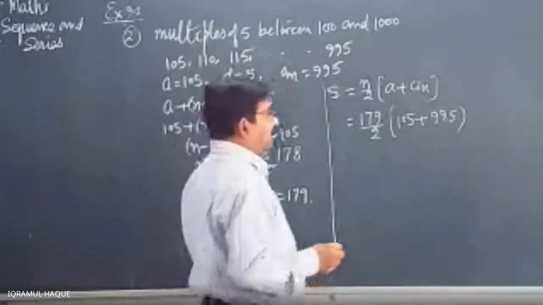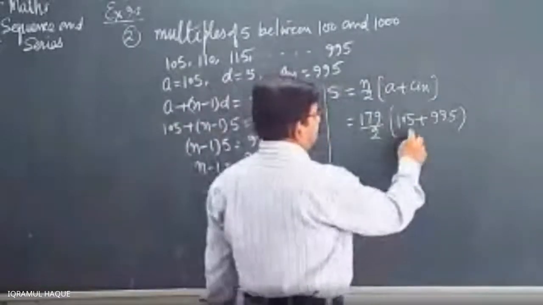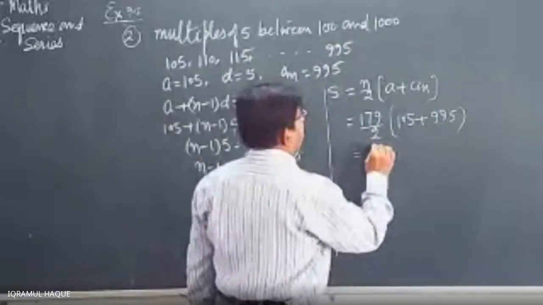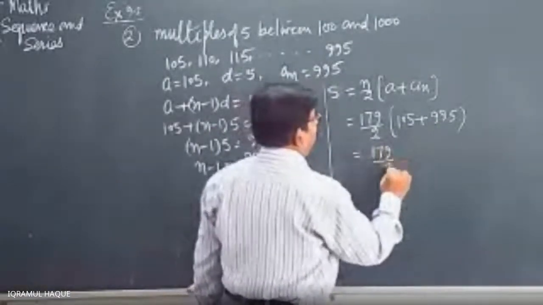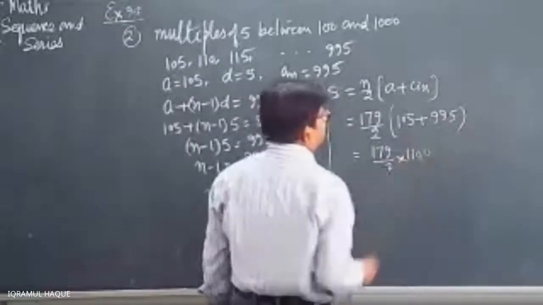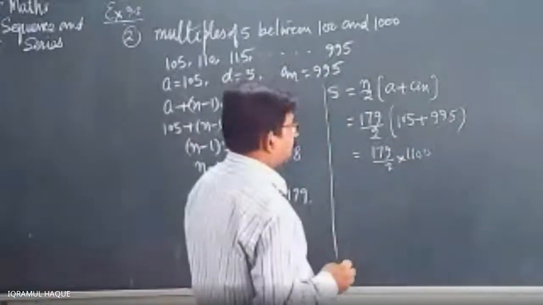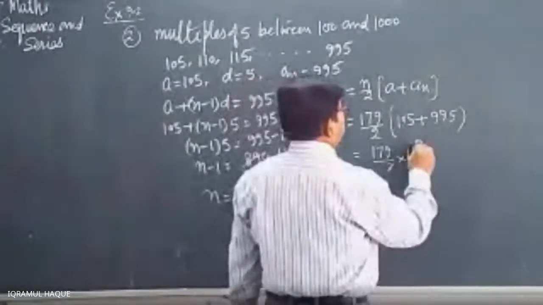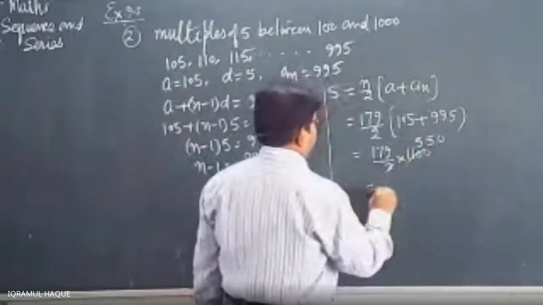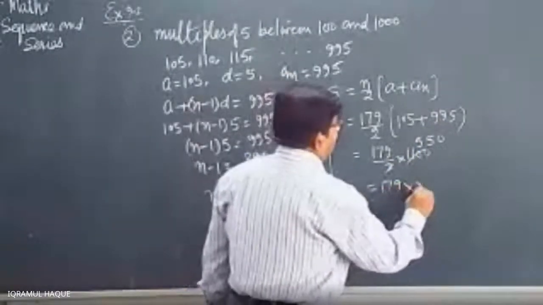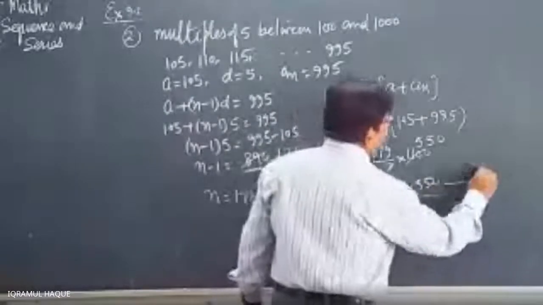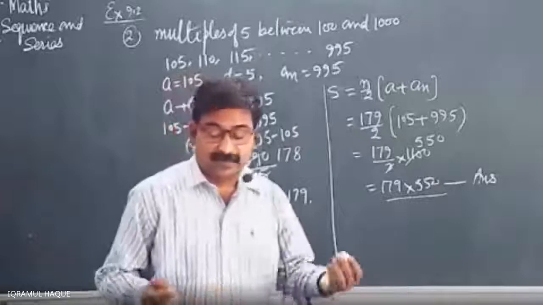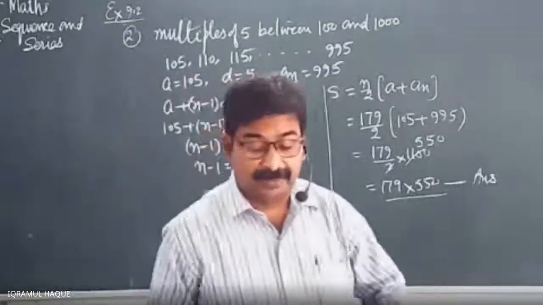How much we have? 1100. So 179 upon 2 into 1100. Divide this by 2. Multiply 179 into 550. You can get the answer after multiplying this. Whatever answer comes, it is up to you to multiply this.